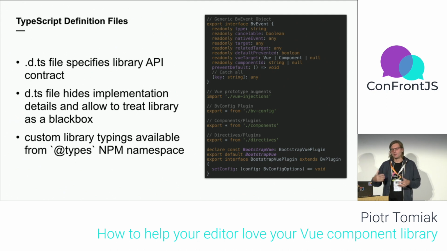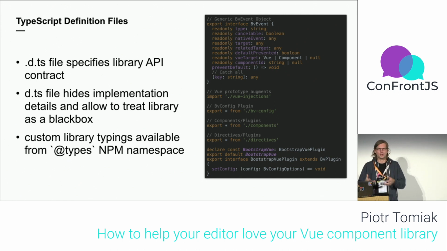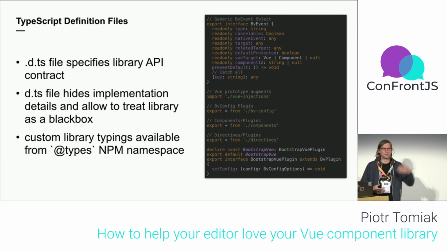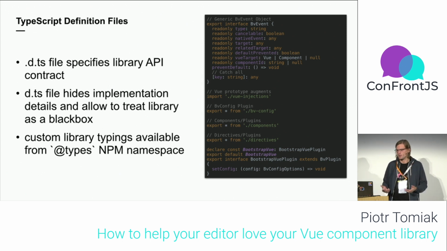And then also we have a community which is creating typings for libraries which are not shipping their own DTS files. So this is so great that TypeScript language services right now can provide you with code completion in pure JavaScript based on the DTS files of the libraries you're using, right?